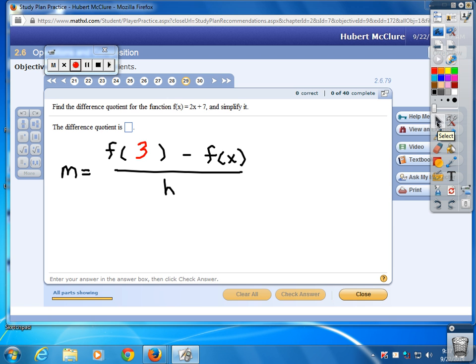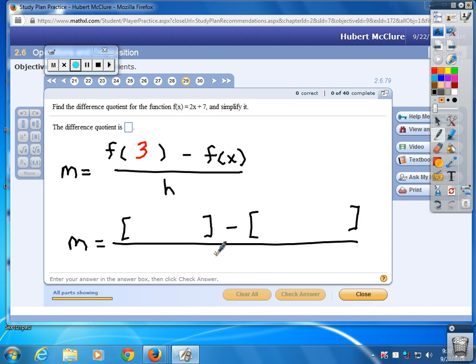What does that f of 3 mean? Anywhere there's an x, do what? 3. Okay, so then I would do this. m is equal to, I'm going to put brackets here, minus brackets over h. And right here, I would put 2 times parentheses plus 7.